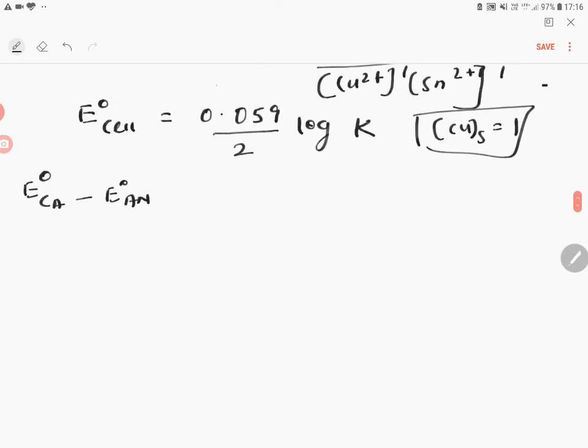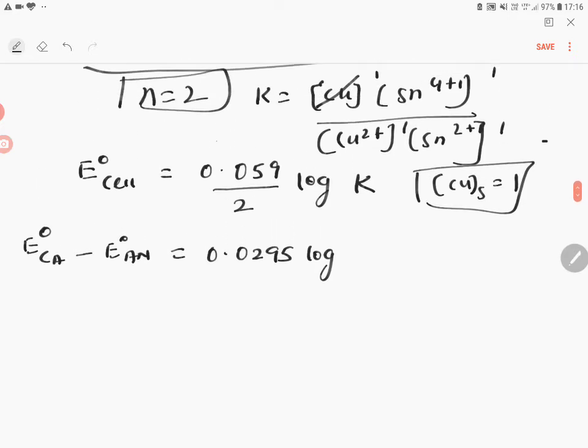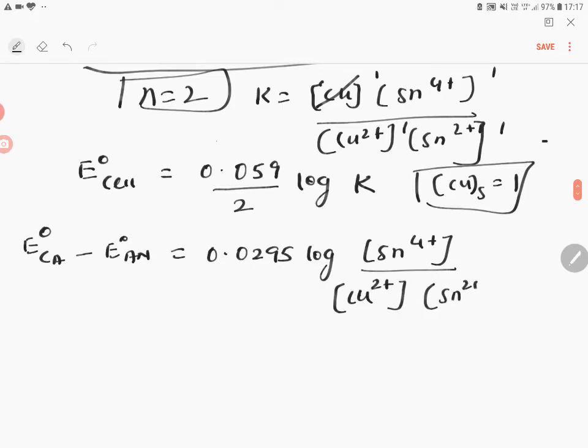Is equal to 0.0295 log K. If you substitute K, you will get concentration of Sn4+ divided by concentration of Cu2+ into concentration of Sn2+.